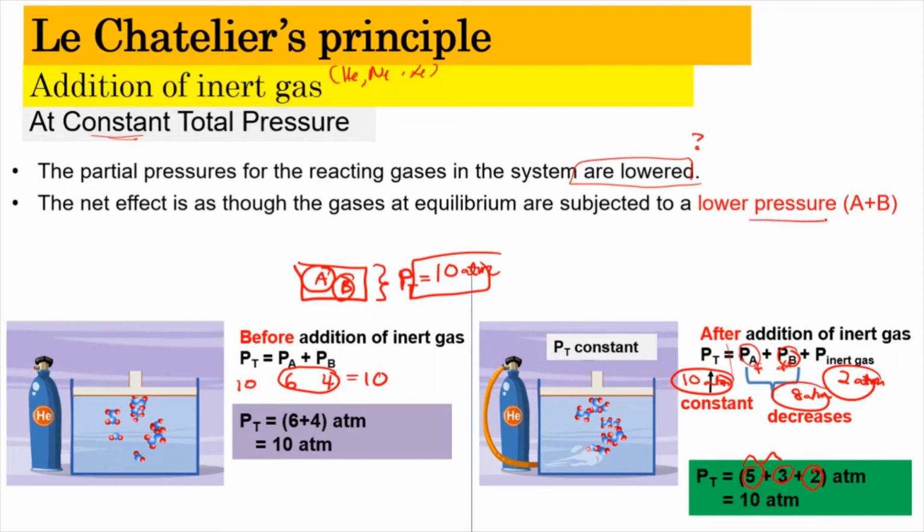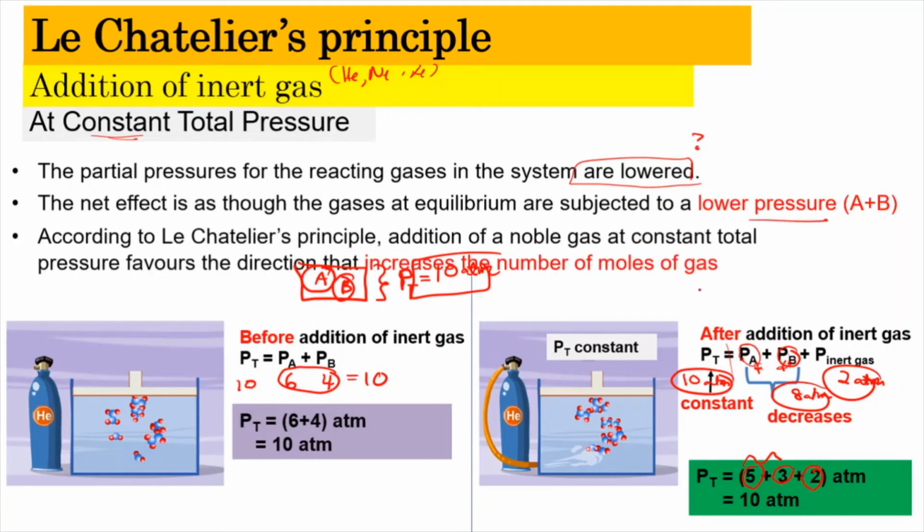So we can say that according to Le Chatelier's principle, the addition of an inert gas at a constant total pressure, so total is 10, it still maintains 10, the system will be subjected to a lower partial pressure of PA and PB, and hence we need to shift the equilibrium to the higher number of moles. Let us look into the example.